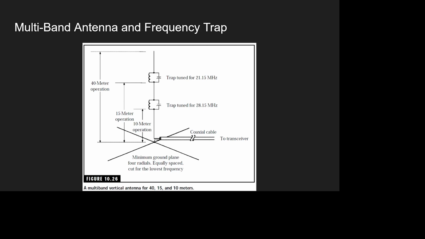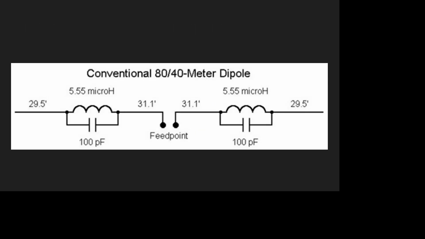Multi-band antenna. Why we talk about multi-band is because sometimes they are saving materials. They use the same antenna with different band stop filters to let the antenna receive different signals. Still remember, this is the LC parallel circuit, which helps to limit the signal.